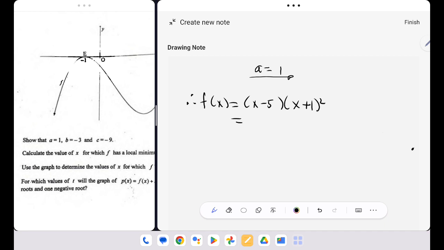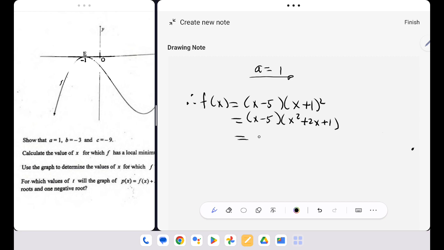I'll just expand these brackets. X minus 5, then here I'll have x squared plus 2x plus 1, and then this bracket will multiply that bracket.